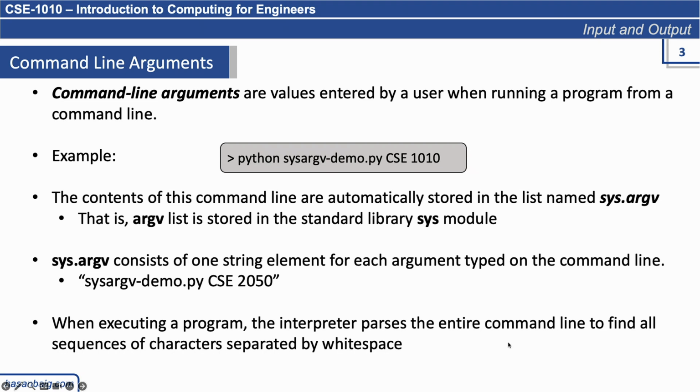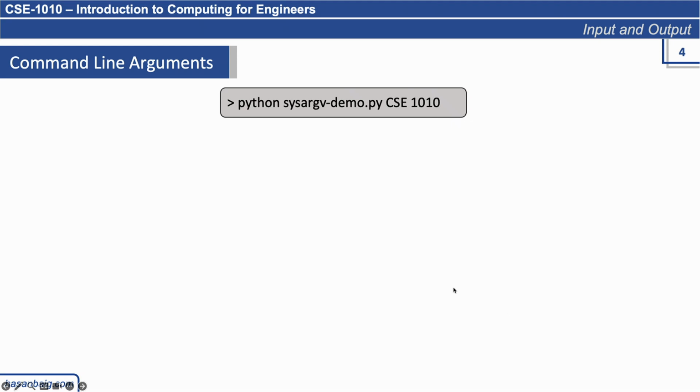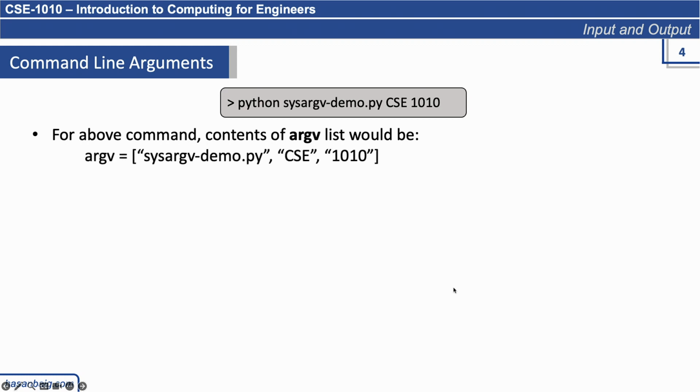So when executing a program, the interpreter parses the entire command line to find all the sequences of characters separated by white space, and stores each of them as a string within the list variable argv. Again, for the same example, the contents of the argv list would be this. Python is actually a command.